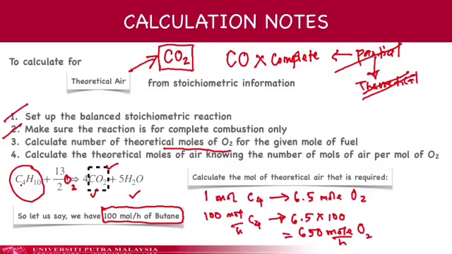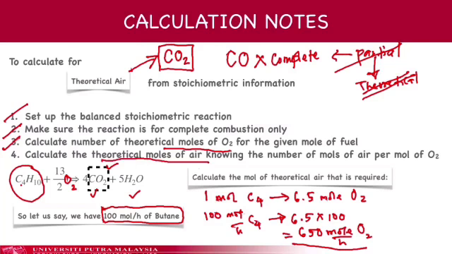That is the amount of oxygen that is required for the combustion reaction to occur as a complete combustion. So that one is taken care of. We have 650 mole per hour of oxygen. Now we want to know the theoretical mole of air.